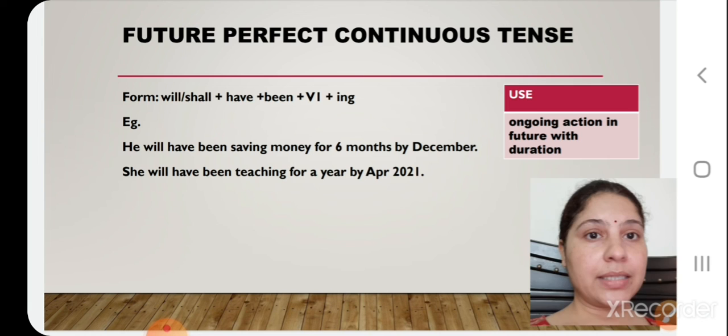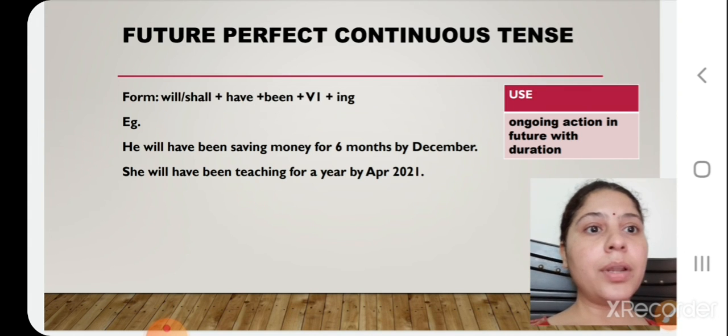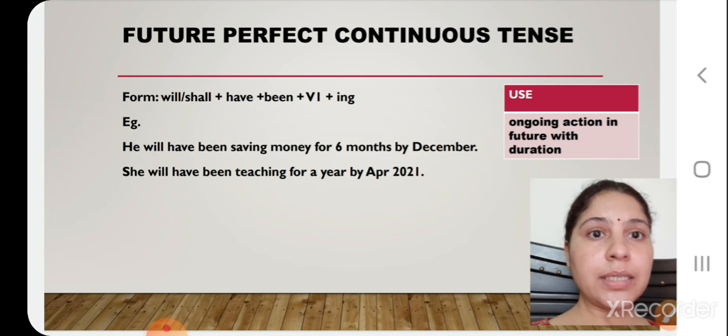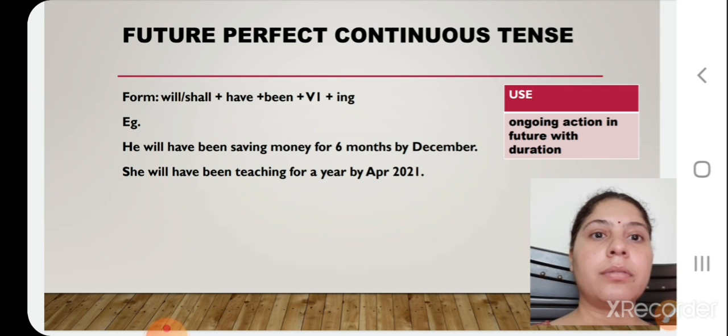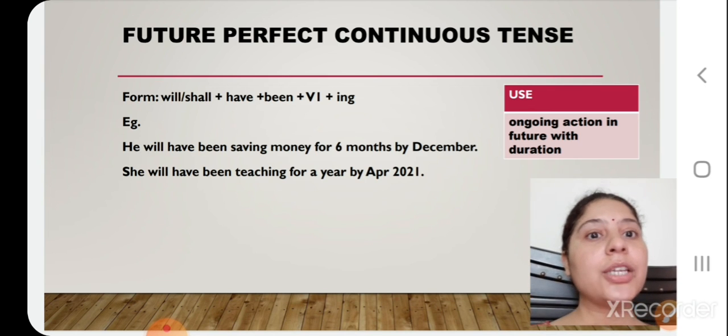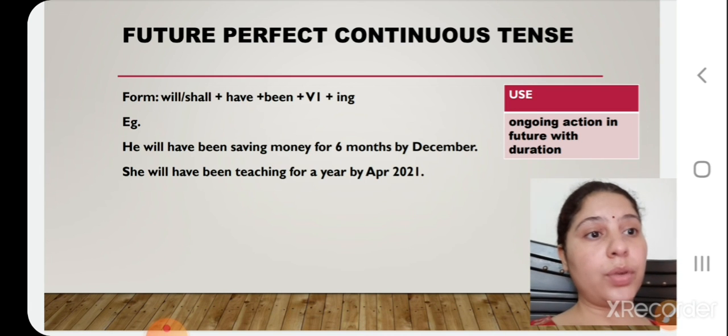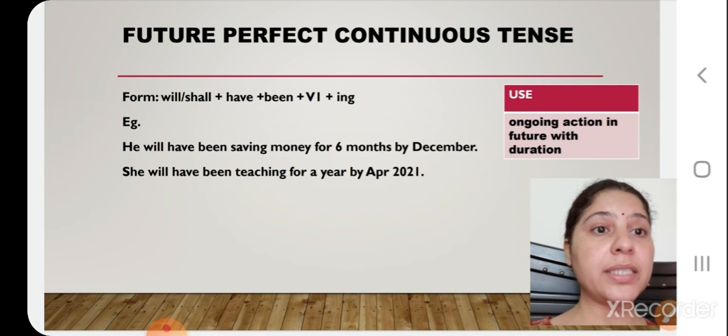Now look at the second sentence. She will have been teaching for a year by April 2021. So this sentence means that she joined the school in April 2020, and by April 2021 she will have been teaching for a year. So she will continue with it. So this sentence means with reference to some specific time in future that this activity will be continuing in future.